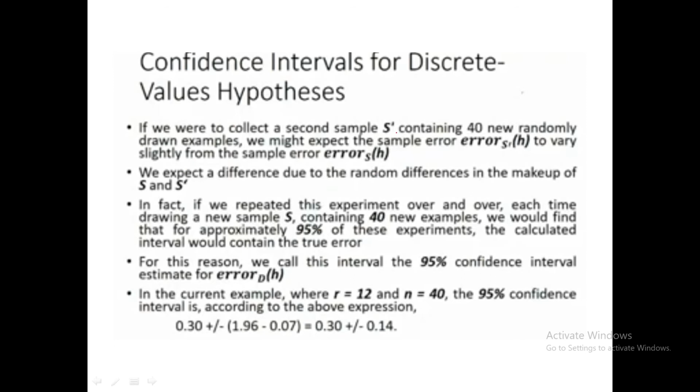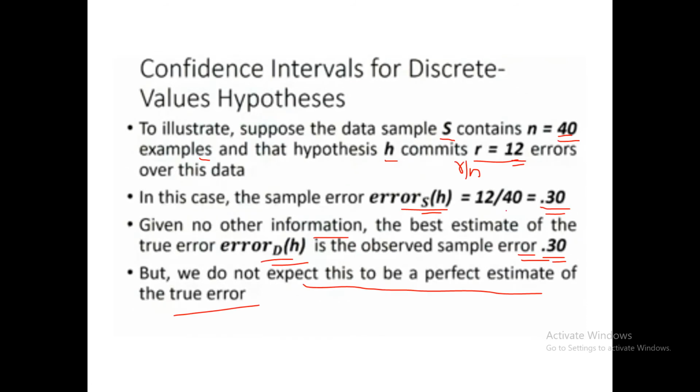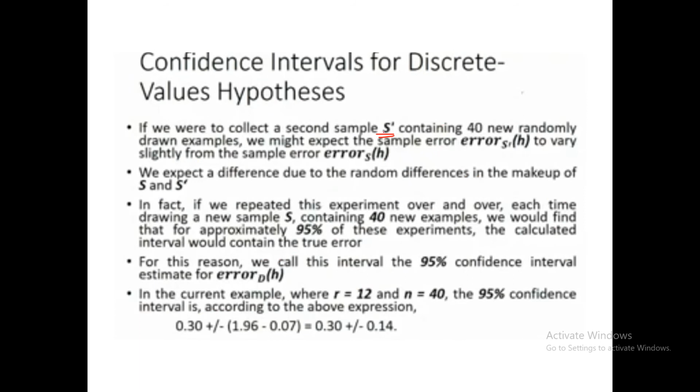Now we will repeat the same experiment. You are going to have a second sample. One sample you collected here, which has 40 examples; you got 12 errors and you calculated the sample error. Now you take another sample S dash. This S dash also has 40 examples, which are newly randomly drawn. Already you did it for S, now you are going to do it for S dash.